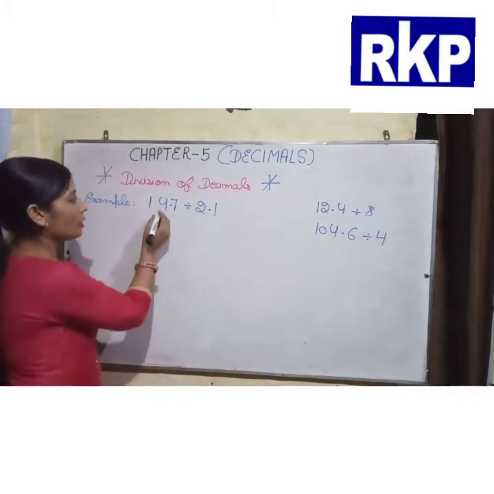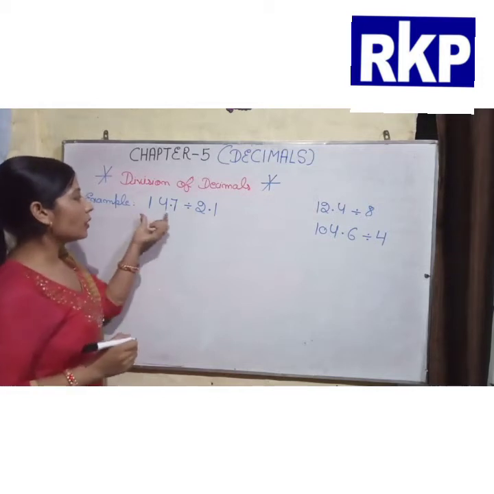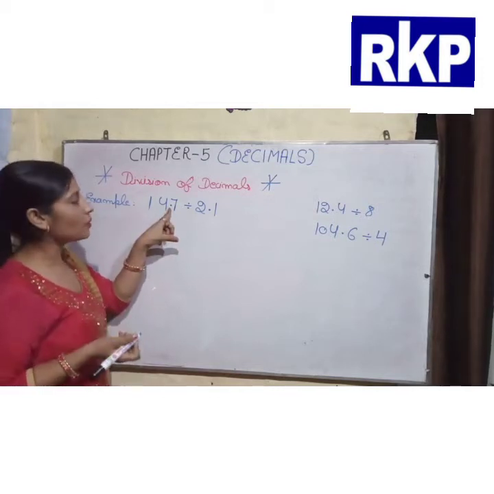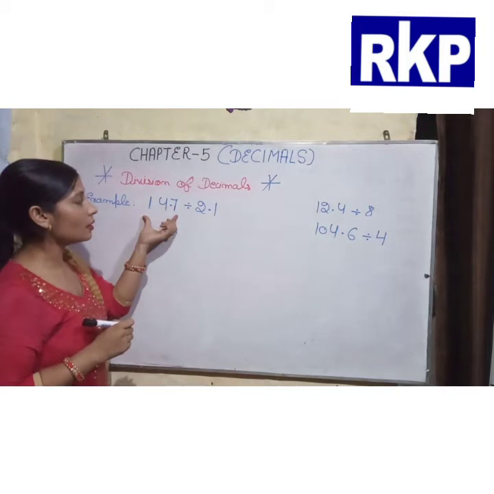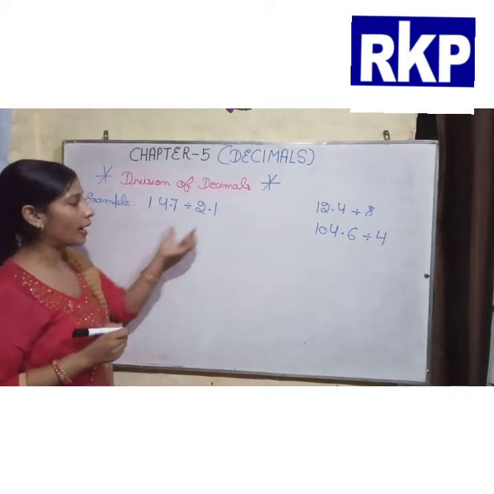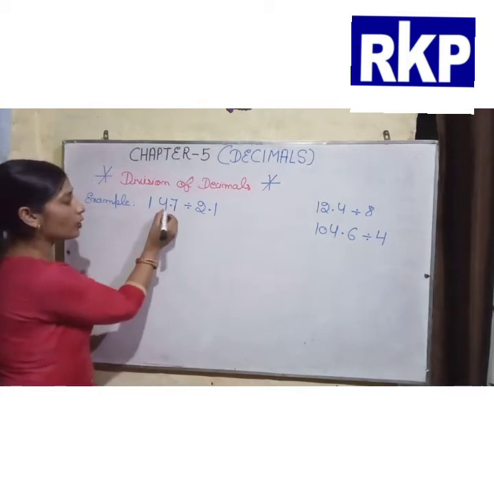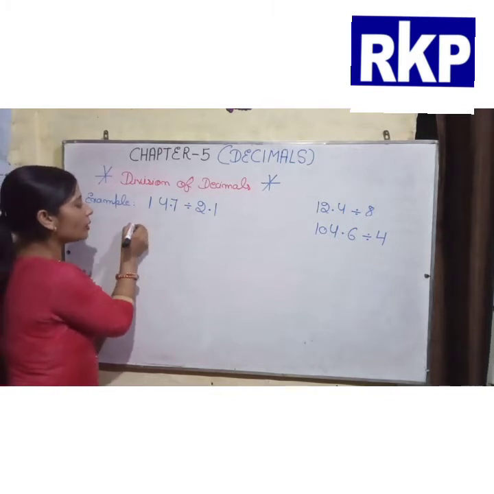So first of all, we have to remove this decimal point, means we have to convert this decimal number into a fraction, and this also. And here we have 14.7. So how can we convert this beta?